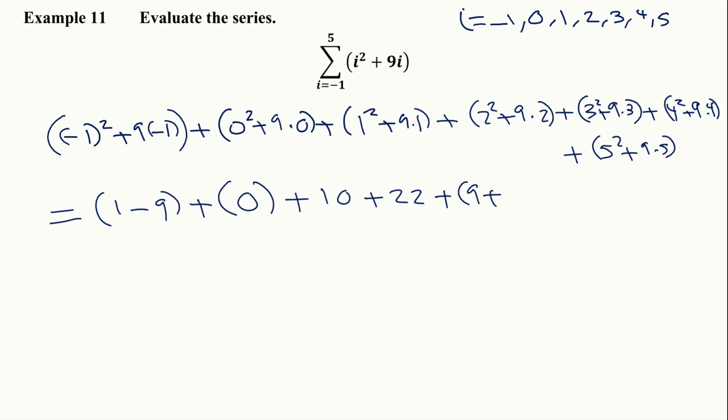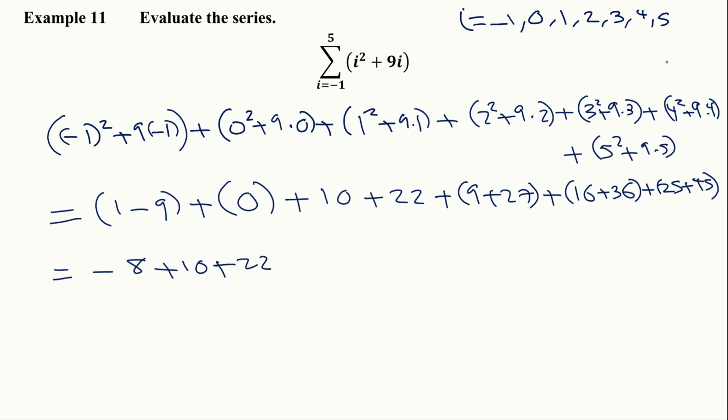I'm just going to write it down. And then we have 16 plus 36. And then we have 25 plus 45. All right, so that's going to be negative 8 plus 10 plus 22 plus 9 plus 27 plus 16 plus 36 plus 25 and 45, that's 70, right?